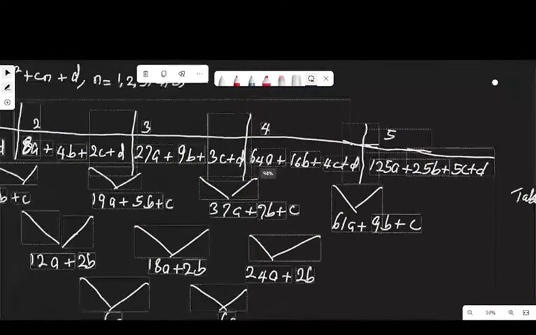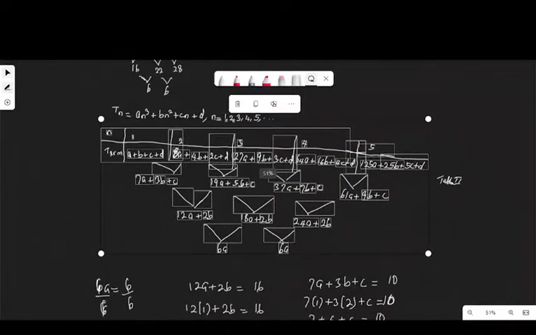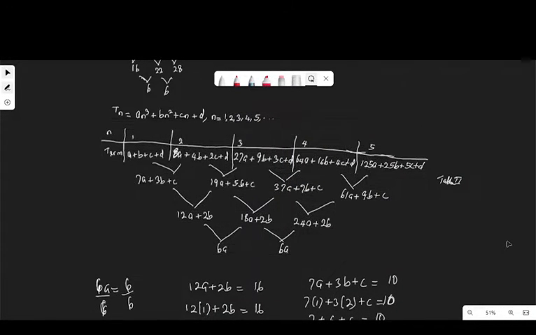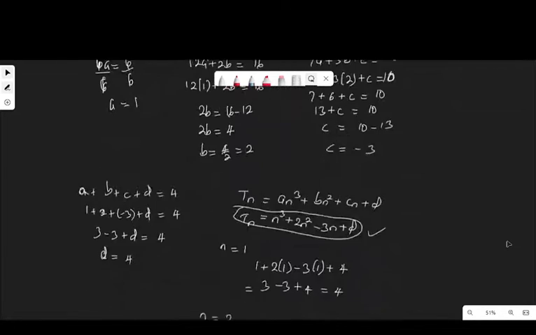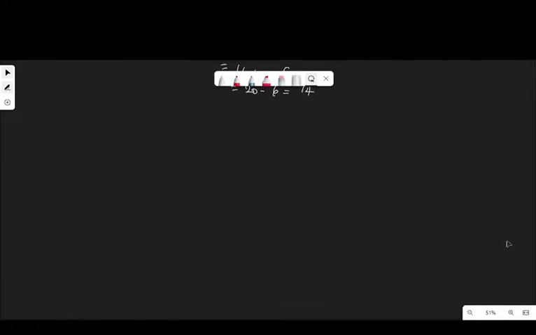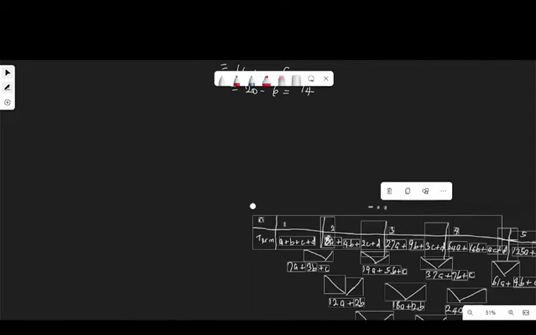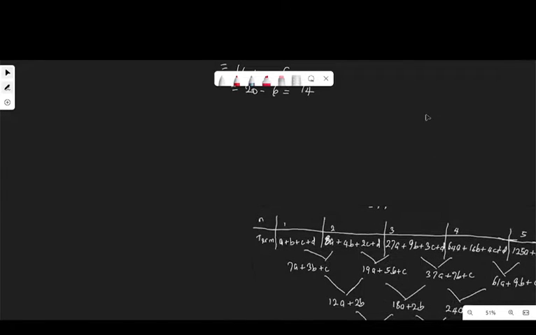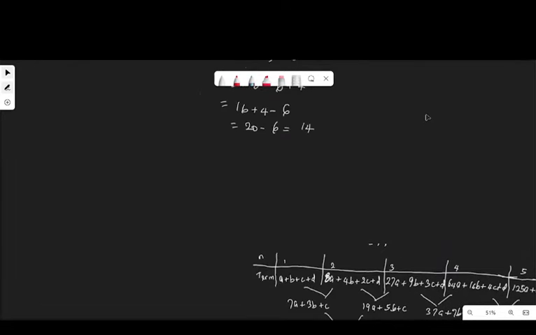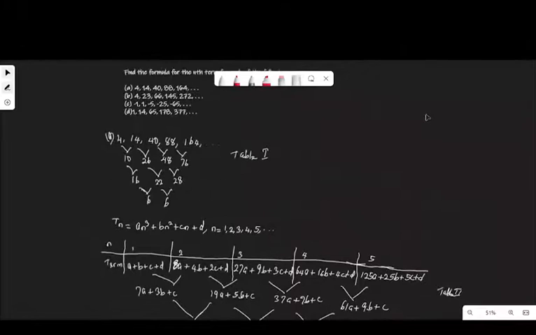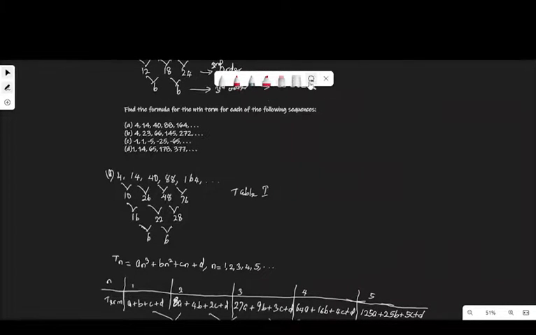Okay, let me zoom. Let's copy this, go down and paste it somewhere. Okay, that is the table. Let's go up and copy the question too.